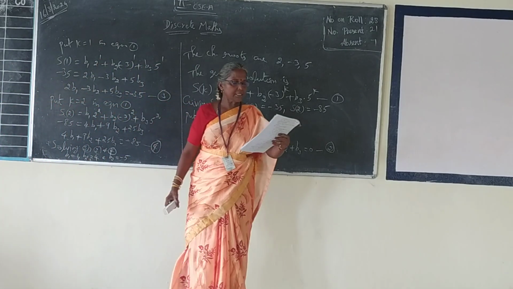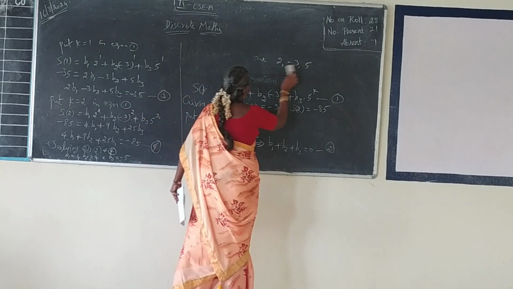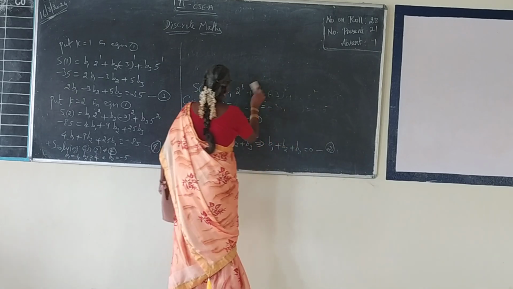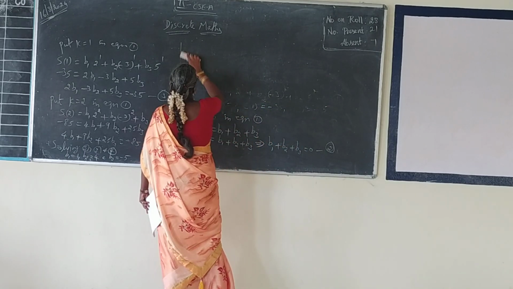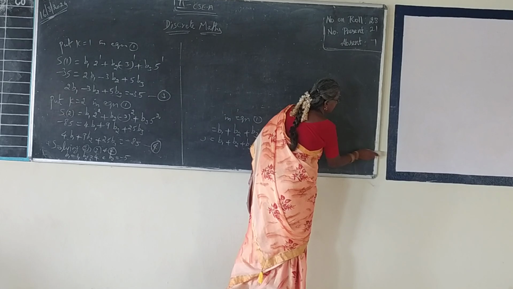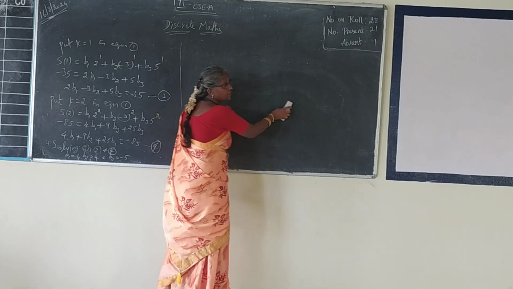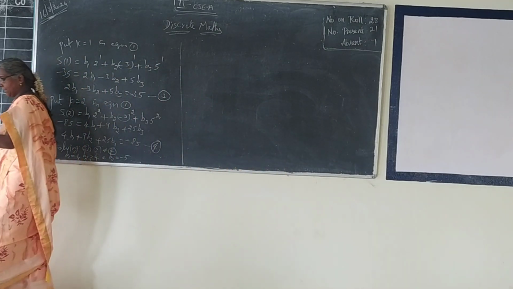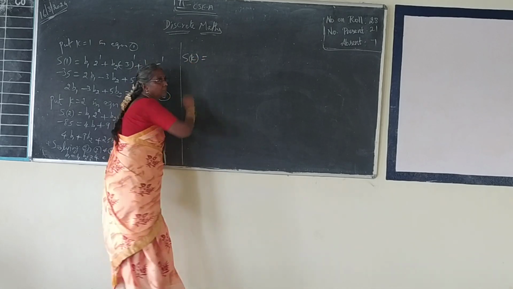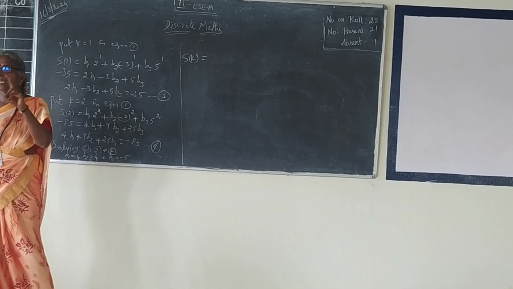Okay students, next substitute this in equation 1. From equation 1 the general solution is S of k equal to... We know now the values of V1, V2, V3; k alone will be unknown.